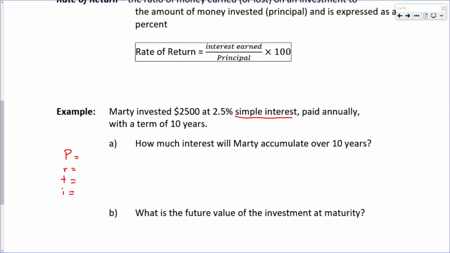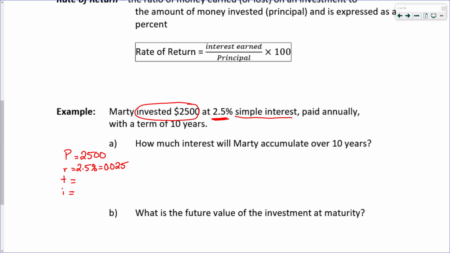So for this one, my principal, so the amount I invested, is 2,500. I'm going to write that for my P. My R, which is my interest rate, is 2.5%. But when I enter it in the formula, it's got to be changed to a decimal, so I'm going to change this to 0.025.